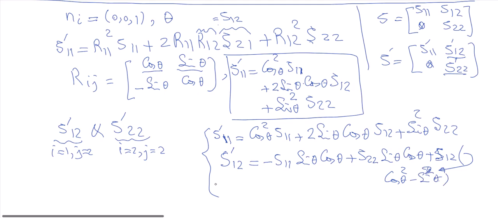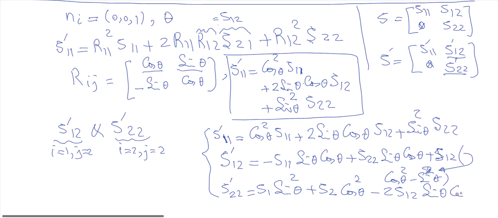And finally, S prime 2, 2 becomes S11 sine theta square plus S22 cosine theta square minus 2 S12 sine theta cosine theta.